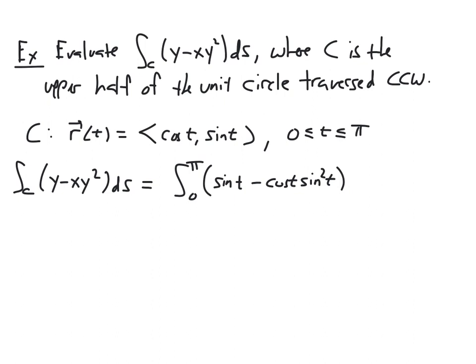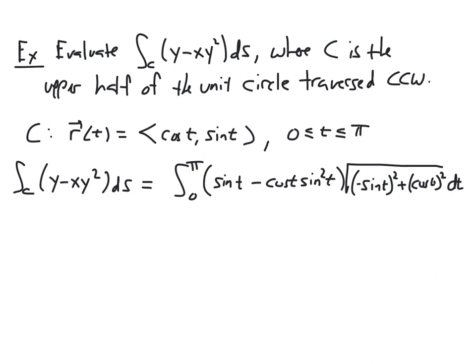We want to multiply by the square root of the sum of the derivatives squared. So the derivative of cosine t is negative sine t. So we want to take that and square it. We want to add to that the derivative of sine t, which is cosine t, squared, dt. And so this is the formula that we derived just a moment ago with this particular function and curve plugged in.